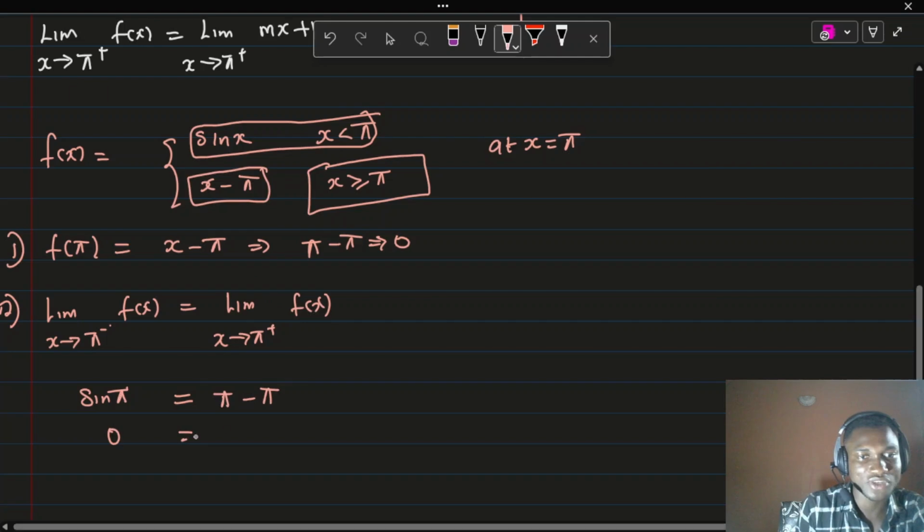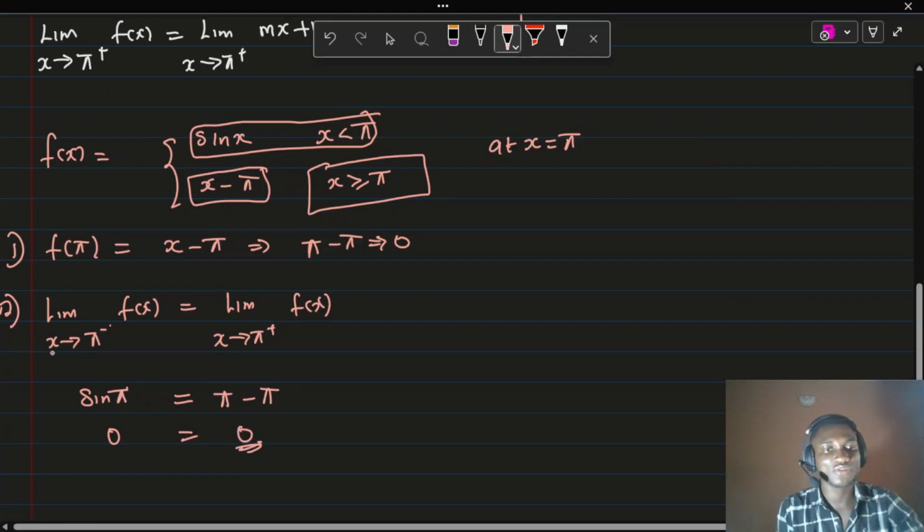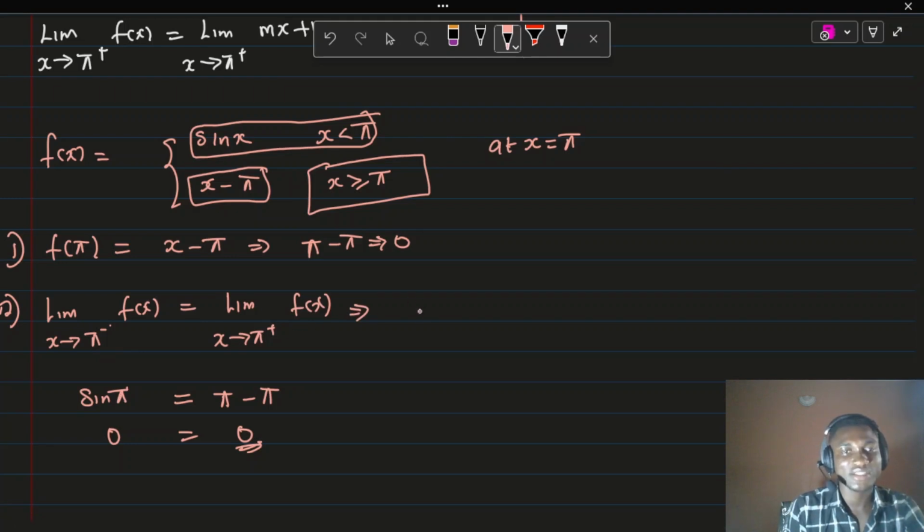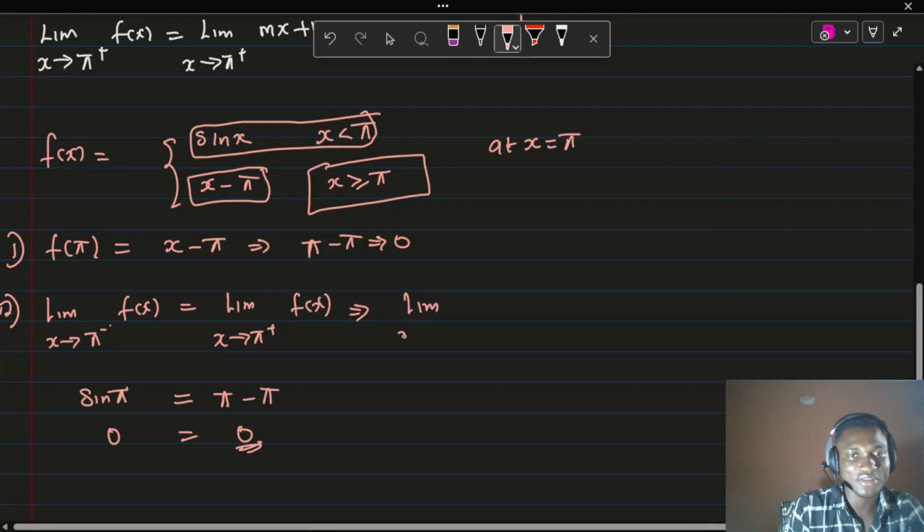Sine pi gives you 0, and this one also gives you 0. So the limit from the left hand side is equal to the limit from the right hand side. And remember, in the last video I told you that if the limit from the right hand side is equal to the limit from the left hand side, then the limit as x approaches pi is also equal to the same value. So the limit as x approaches pi of f of x is also equal to 0.